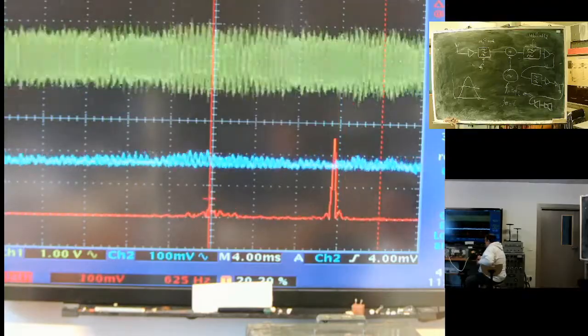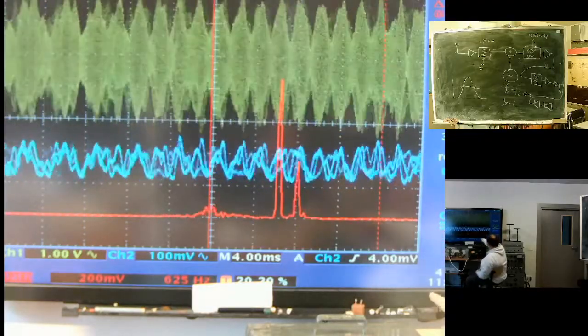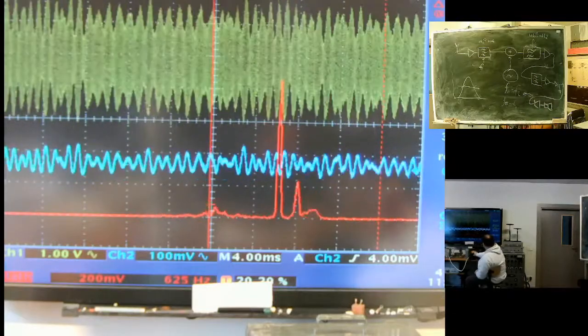Without the telegraph heterodyne. Now I have a local signal.